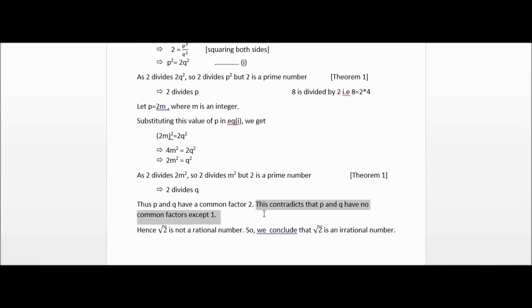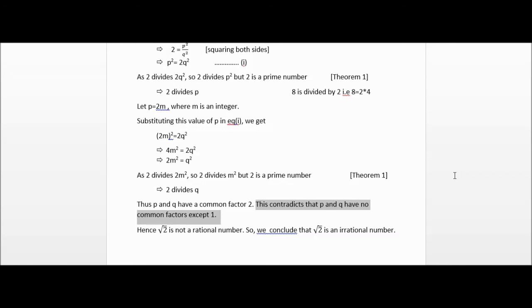So this contradicts the definition of a rational number. According to the definition, p and q cannot have more than one common factor, and that common factor will be only 1. But in this example, p and q have a common factor 2 except 1.